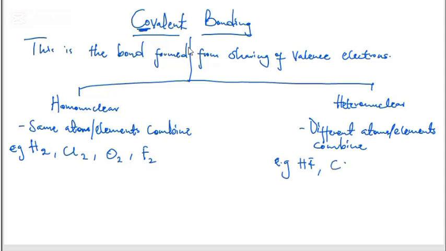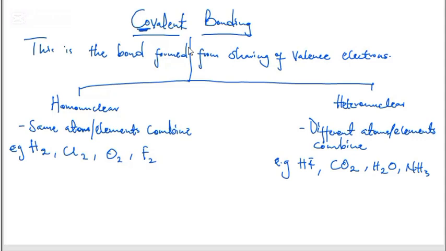We have your CO2, your H2O, your ammonia. All these are heteronuclear covalent bonds. So let's look at how they actually share electrons and the groups that are involved.